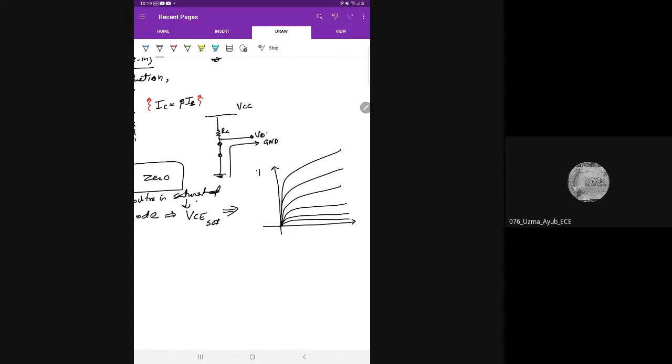Why nearly equal to 0? Because output characteristics of transistor are IC versus VCE. And when you say saturation mode, it means somewhere here. VCE saturation का value होता है ये. VCE saturation is nearly equal to 0.